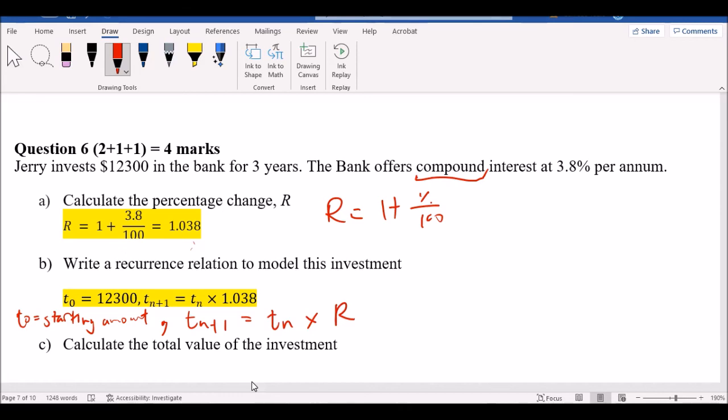The starting amount is from the question, and the R value is from the previous question, which we just did. So that's how we get those values. Every recurrence relation, you must state the starting amount and how much the common ratio is.